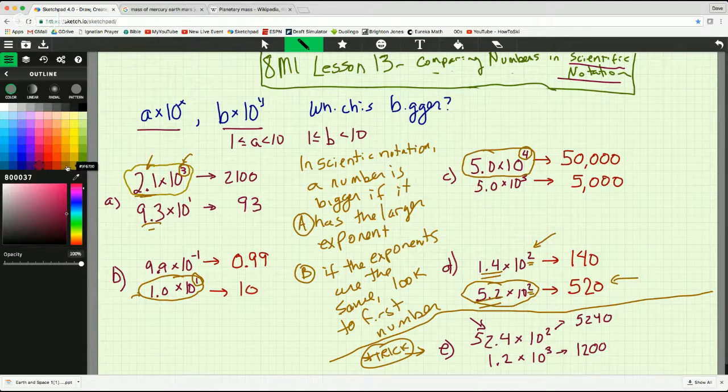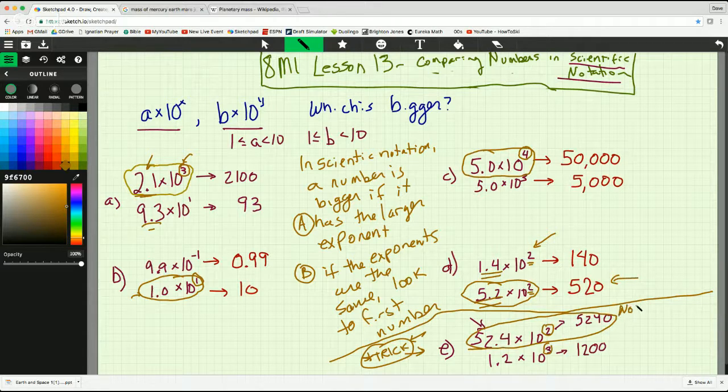This first one is bigger, and you're like, wait, we just learned this rule that said we look at the exponent, and if the exponent's bigger, then the second one's got to be bigger because it's got a bigger exponent. Well, what's the trick? What trick did I play on you? The trick is that this number is not in scientific notation.